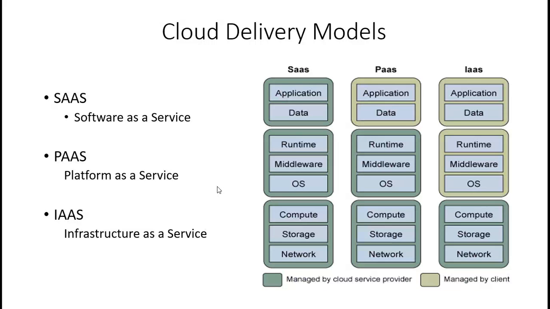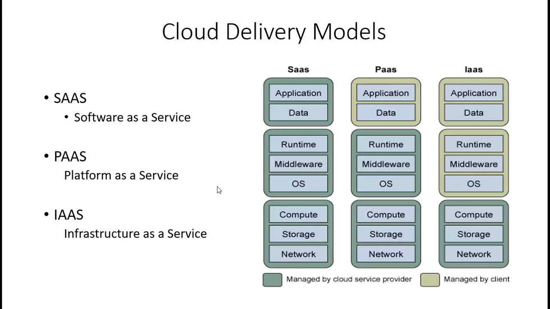runtime, middleware, and OS. Say if you are using a hypervisor, there is an OS. On top of the OS, there is a middleware that will integrate between your runtime and OS environment. Say you are creating a VM, your hypervisor is the middleware that is communicating with the OS and runtime.